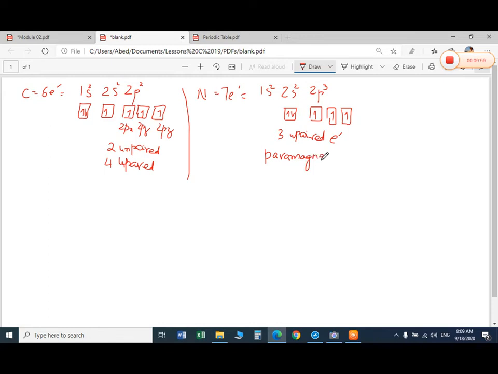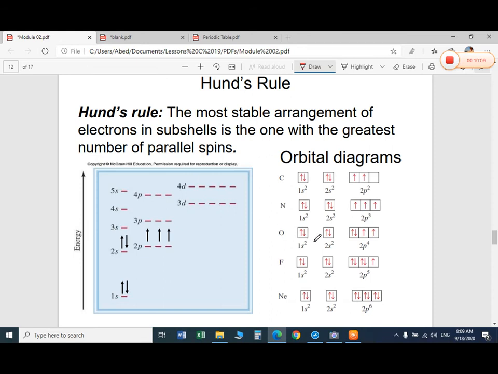I'll show you the detailed diagram in the next slide. Similarly, if we go to the other atoms, oxygen will have 2 unpaired electrons, and fluorine will have 1 unpaired electron, and neon will have completely filled orbitals. All are paired, no unpaired electrons. So this will be diamagnetic.